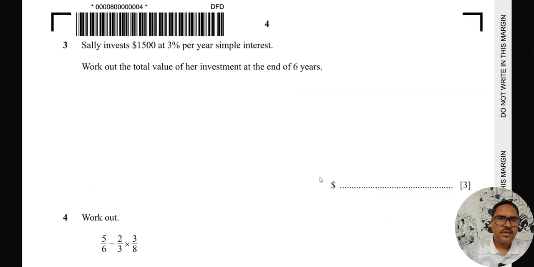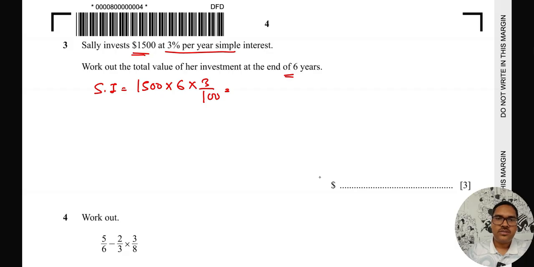Next question is: Sally invests $1,500 at a rate of 3% per year simple interest. Find the total value of the investment at the end of 6 years. So what is the simple interest earned? The principal amount is 1500, invested for 6 years at a rate of 3%.